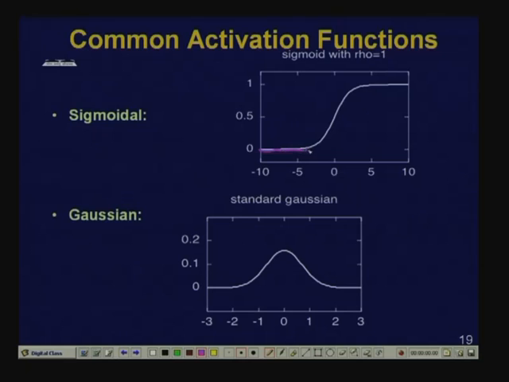As you can see, it is an S-shaped function, but it very closely resembles the step function, with the exception that it is continuous and differentiable. The Gaussian function, on the other hand, gives us a bell-shaped curve, which has also been used in neural networks, but we will mainly concentrate on the sigmoidal function in this class.